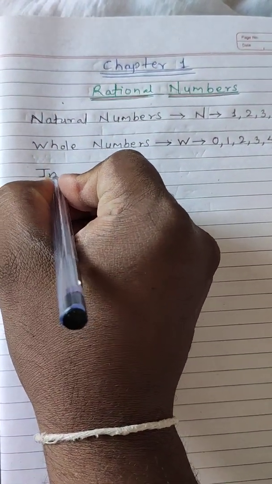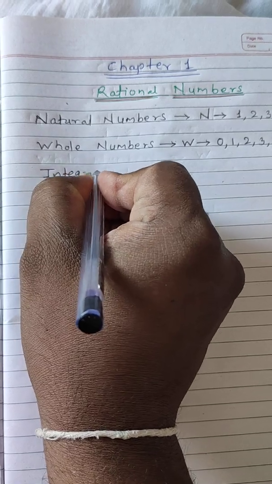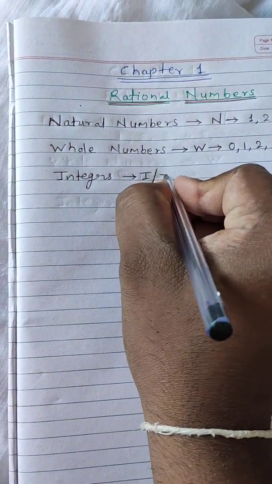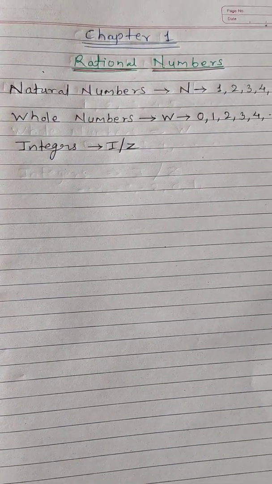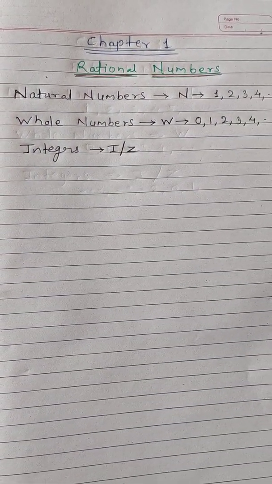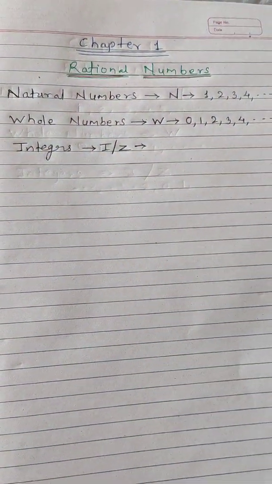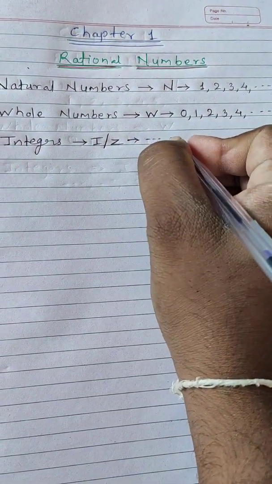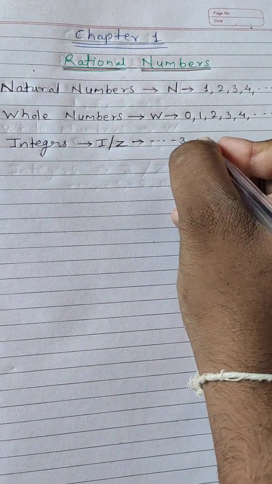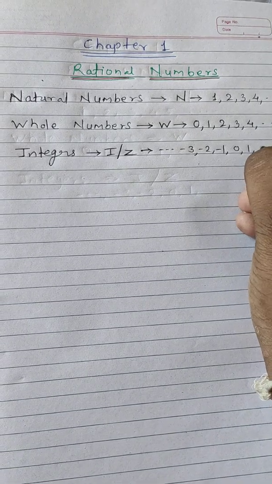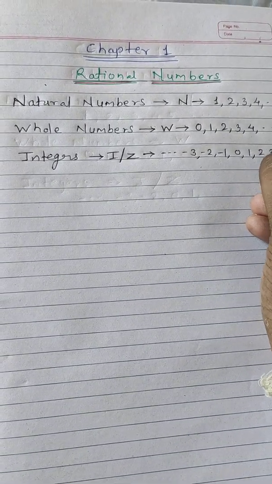The third type of number is integers. The symbol for the integer is capital I or capital Z. Basically these numbers include negative numbers like -3, -2, -1, 0, 1, 2, 3.